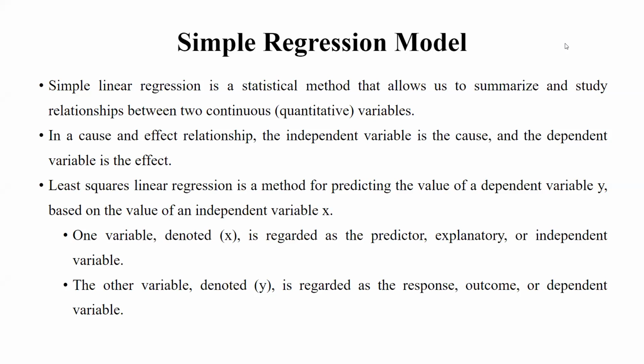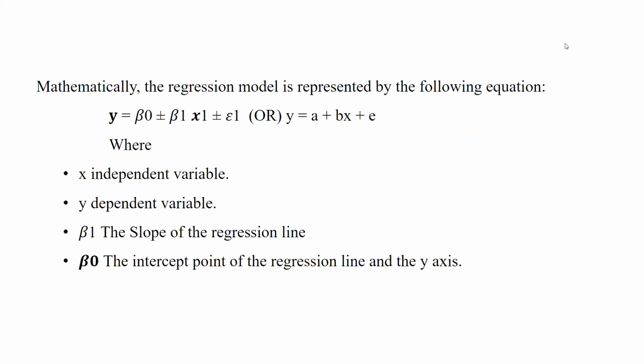Here in our case, we denote x as a predictor variable or explanatory variable or independent variable. The other variable, which is denoted as y, we call the response variable or outcome variable, or it is also called the dependent variable. By using these two variables, we form an equation: y is equal to a plus bx plus error term.